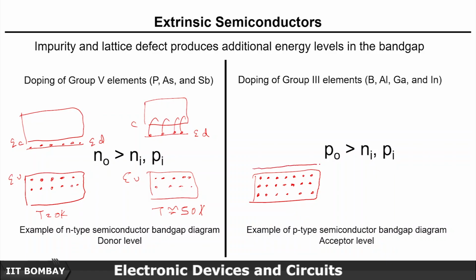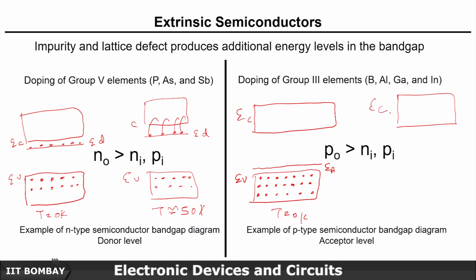So, this is the acceptor level. In this case, this is the case at T equal to 0 Kelvin. So we have this acceptor level which is close to the valence band. Now, what will happen if you go to a slightly higher temperature, T greater than 50 Kelvin?